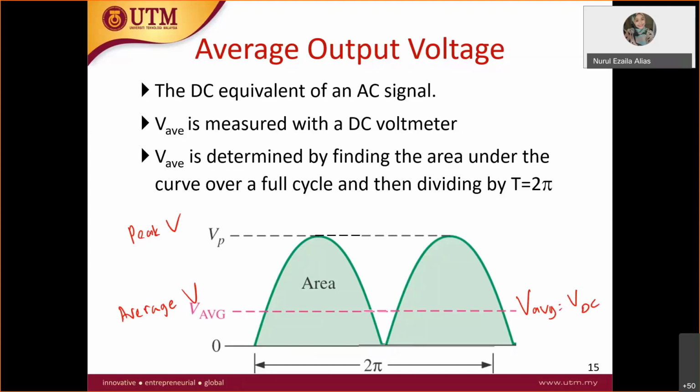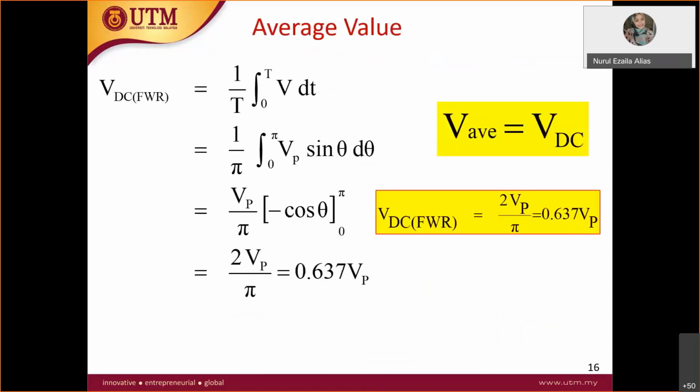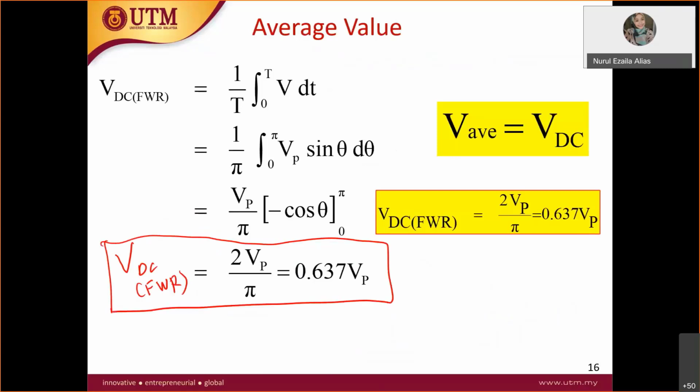The one you get here is a peak voltage, V peak, but you can convert it to V average or VDC using this formula. For the case of full wave rectifier, since your syllabus only covers full wave rectifier, VDC is equal to 2 V peak over pi.